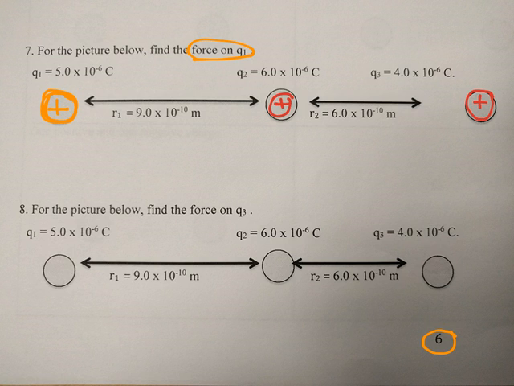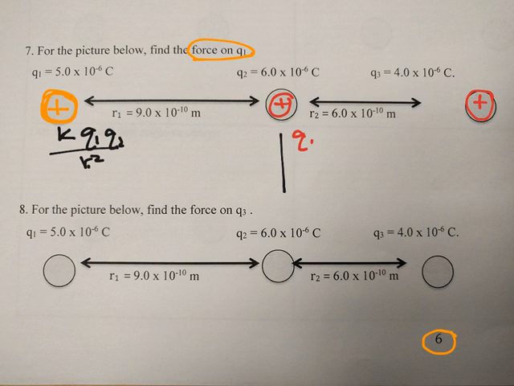Coulomb's law only does things with 2 charges, which means you can only do 2 charges at a time. So you have to do 2 separate equations. One for Q1 and Q2, over the square distance between them, and then the other for still Q1, because that's what we care about.